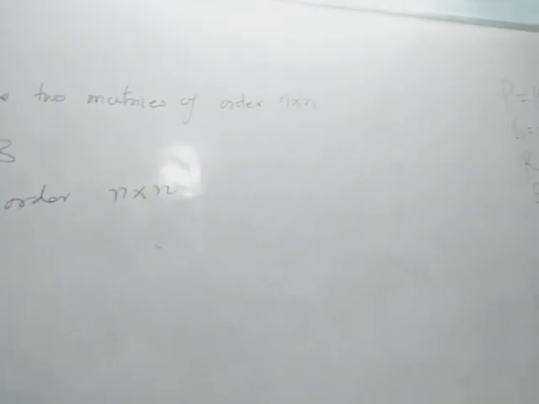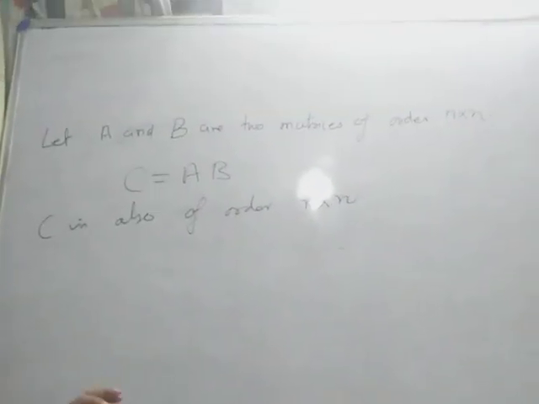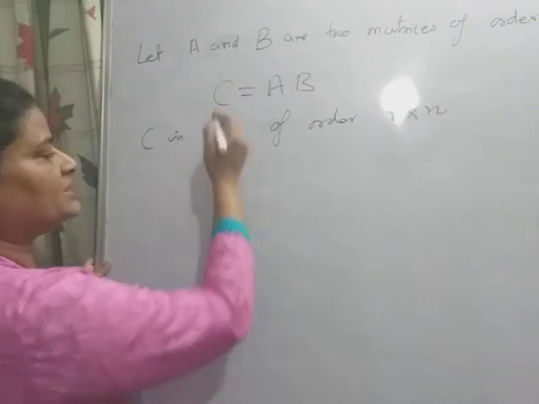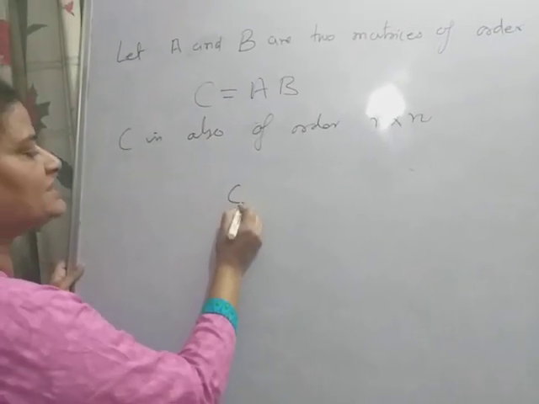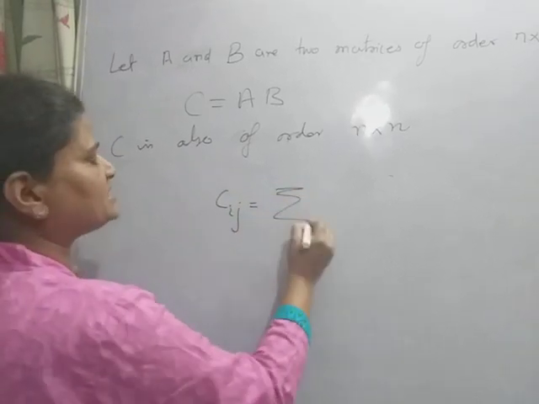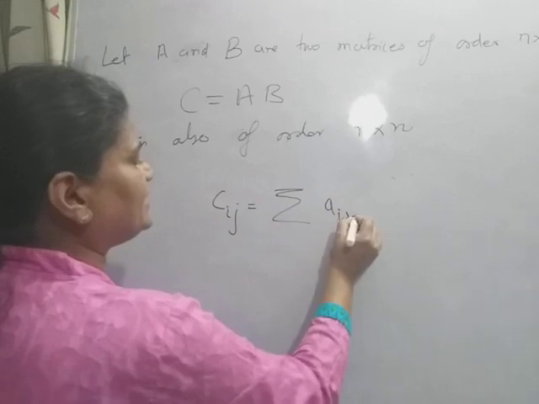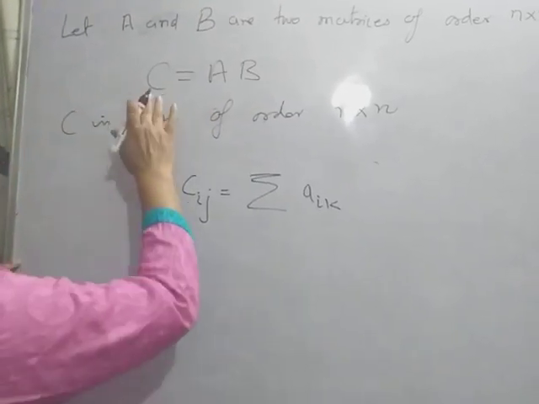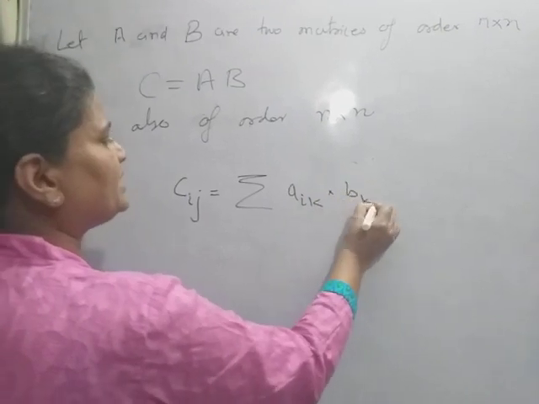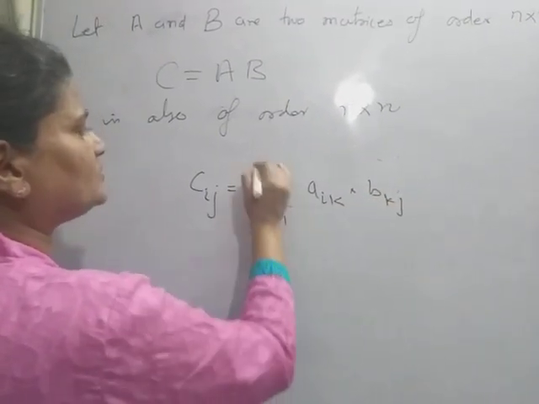In the conventional method or standard procedure, we compute the entry of C like this: Cij equals the summation of Aik into Bkj, k equal to 1 to n.